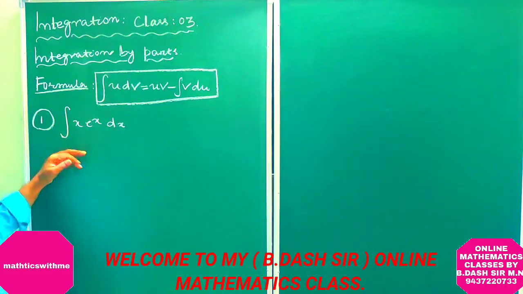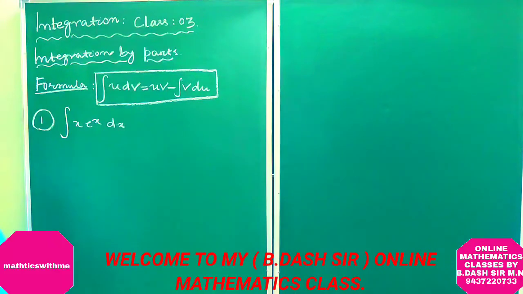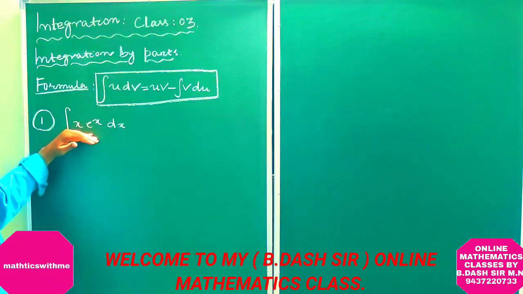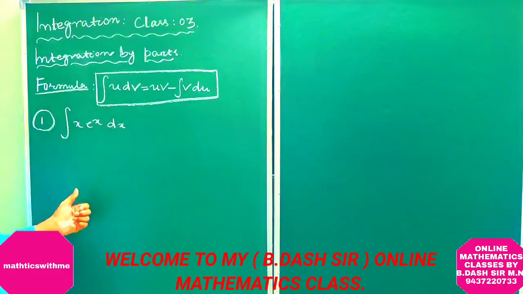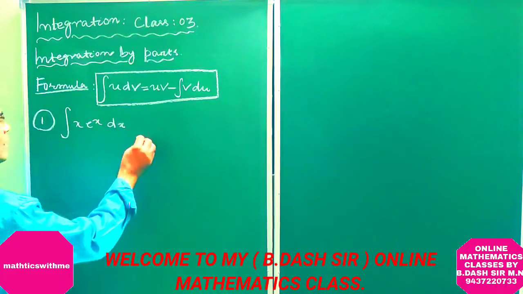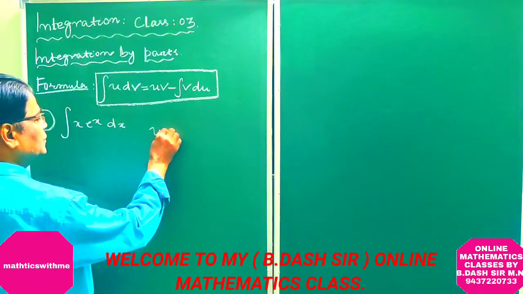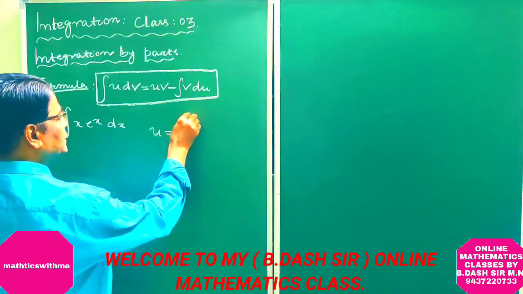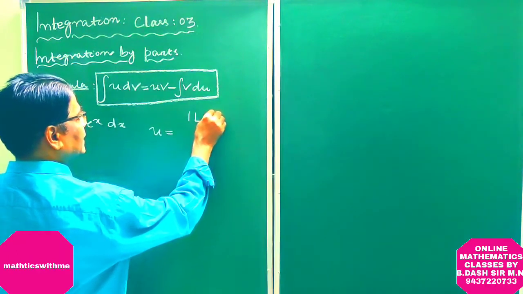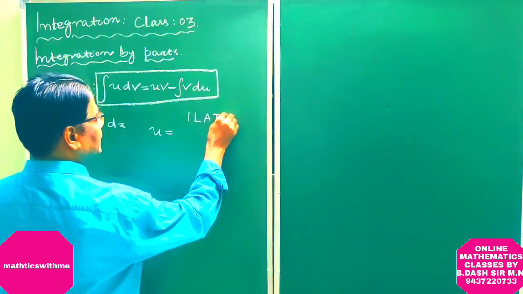Evaluate integration x e to the power x dx. In order to evaluate this integral, we have to separate the functions given here as u and dv. In order to choose u, we have to use this formula ILATE.